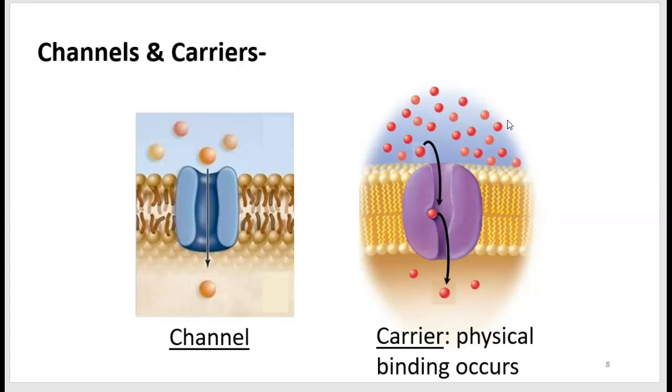And that has to do with the type of mechanism that's going to be involved. So carriers can be saturated. Since binding has to happen, they may not allow transport as quickly as channels do. And channels could be gated or non-gated. Carriers typically are just open. So we're going to look at those examples.